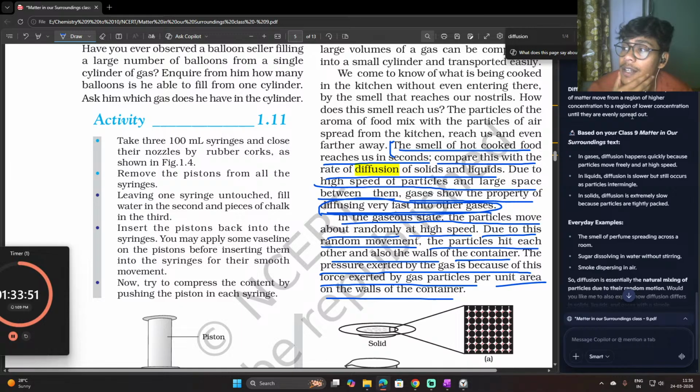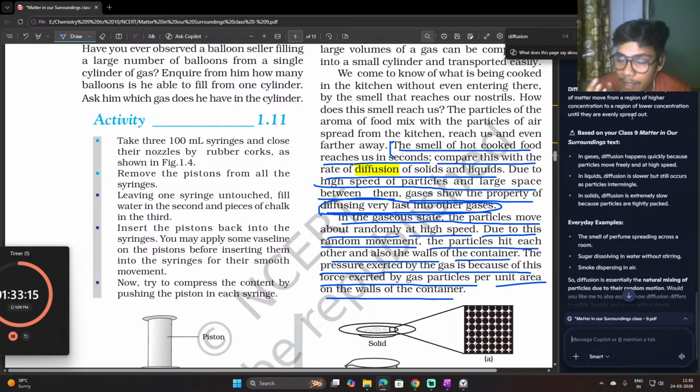So diffusion is basically particle movement. Solids, liquids and gases, all three show diffusion, but gaseous diffusion is very fast, because the particles have bigger gaps between them.